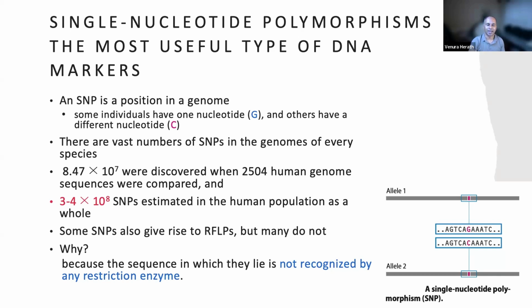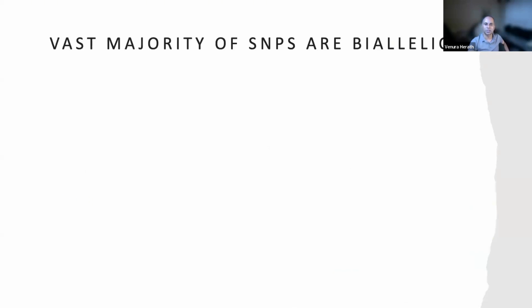Okay, and if you think about SNPs, I'm pretty sure you're thinking, if you have A in one allele, in the other allele there are four possibilities: A, C, T, G. That means they are multi-allelic. But the reality is different, because the vast majority of SNPs are biallelic.